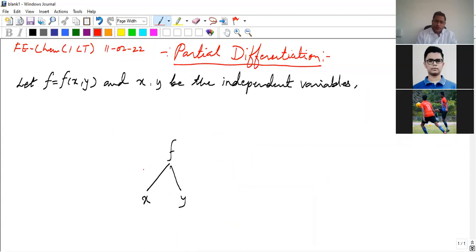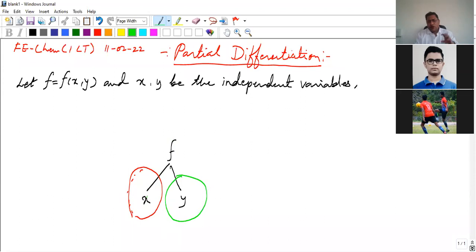So if I consider the derivative with respect to x, or the derivative with respect to y, then if I am considering the derivative with respect to x, I am able to find the derivative of a part only, because x is one part of f and y is the other part of f.